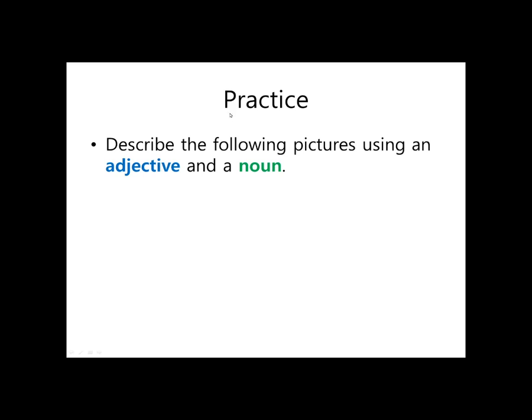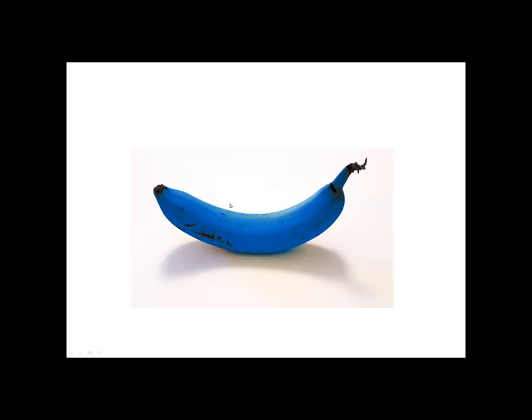Okay, so let's practice. I want you to describe the following pictures using an adjective and a noun. Let's do these together. Okay, so let's look at this first one. What is this? It's a banana.